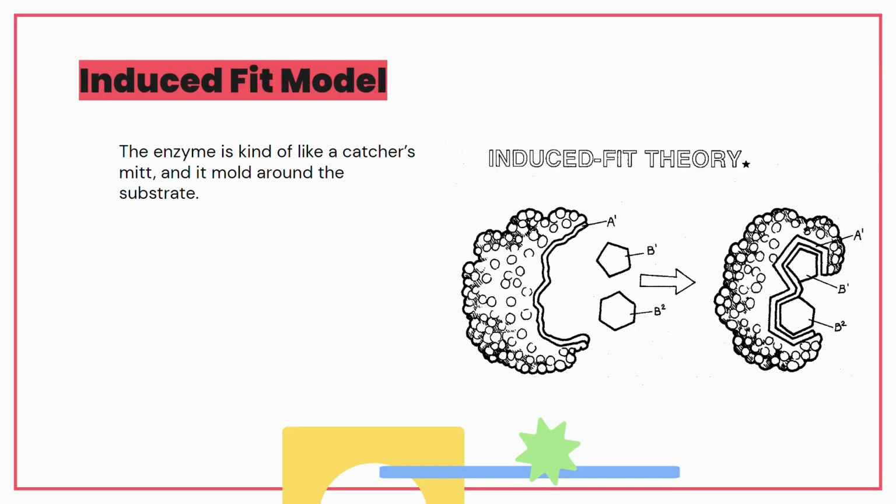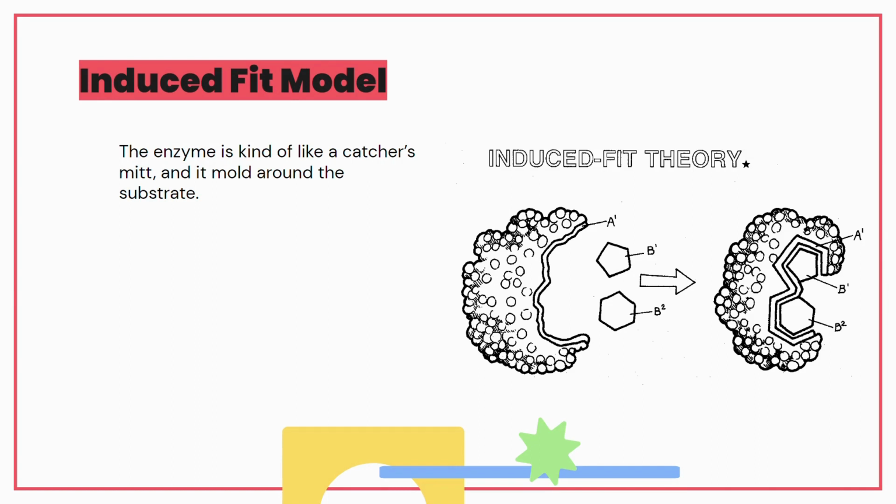So the induced fit model is basically where the enzyme actually molds around the substrate in order for it to fit. So you can think of it as like a catcher's mitt, where when you have your hand limp in the mitt, the baseball will not stay in there very well.